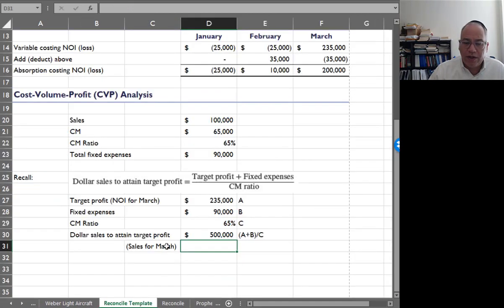So what this kind of does is it just checks our work, and it says, okay, if you need $200,000 in income, and you have $90,000 in fixed expenses, which is what we have, and your contribution margin ratio is 65%, then in order to achieve this, you should have $5,000 in sales, and that's what you have. And the really nice thing about variable costing is it allows you to do these quick calculations to see how much you need to sell in order to break even.